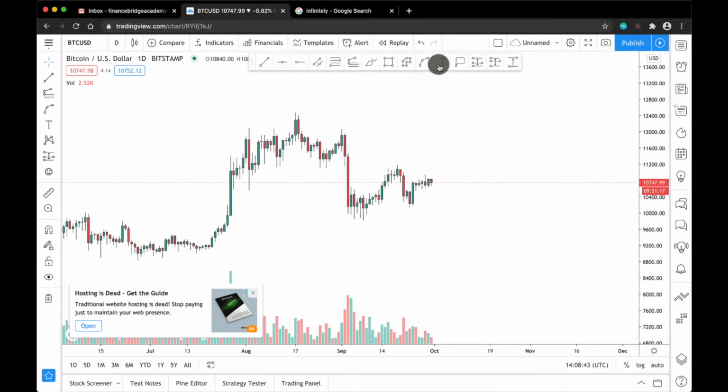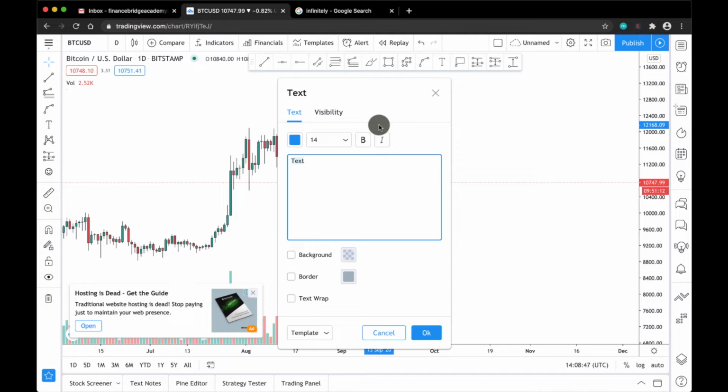So we have text. If you want to write something on your platform, let's say I want to note down: if the price breaks this level, I'm going to take a long trade.